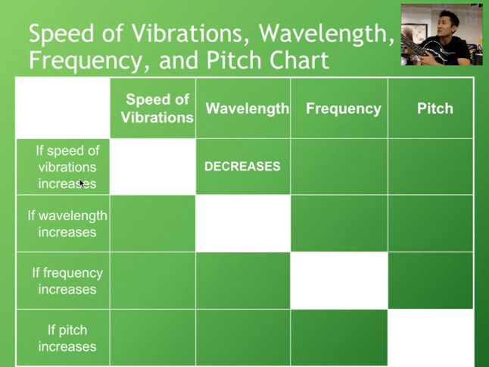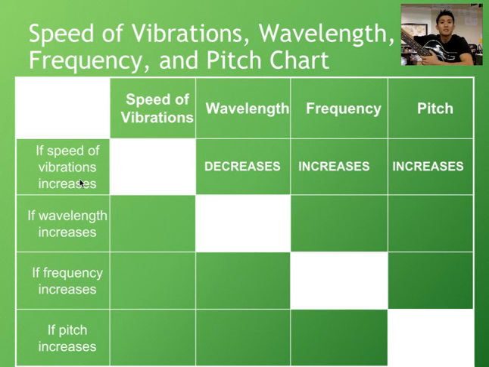However, my frequency increases and my pitch is going to increase. So although the wavelength, the actual sound waves, gets shorter and shorter, the pitch gets higher and higher and higher.